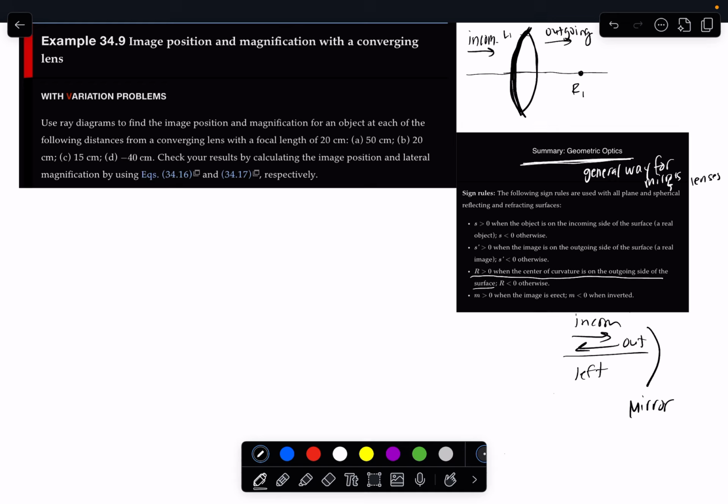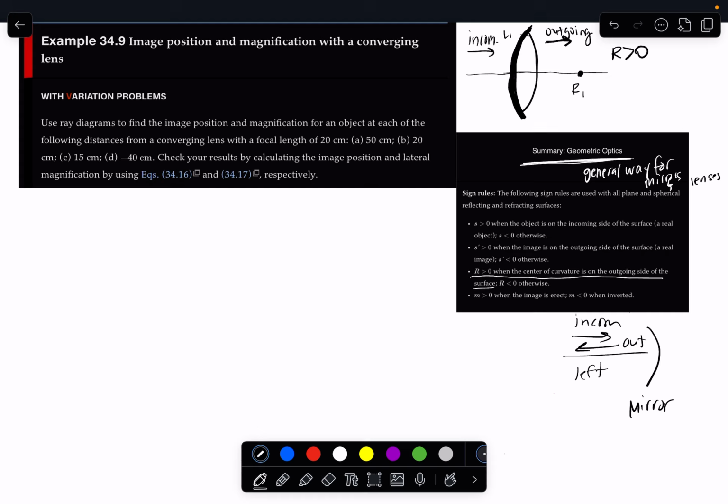And so for a convex or converging lens, the radius of curvature that belongs to this side of the lens is on the right and therefore is on the outgoing side, and thus R is greater than 0.